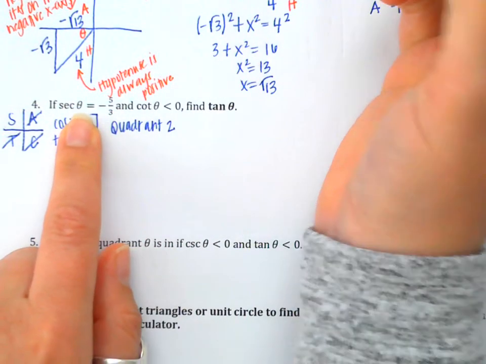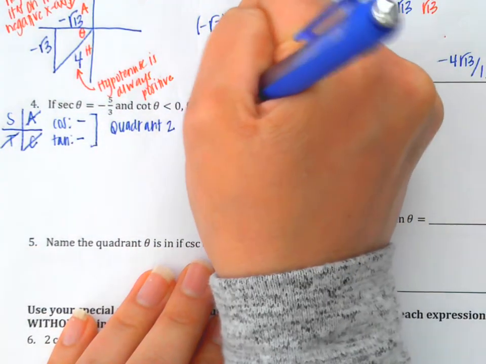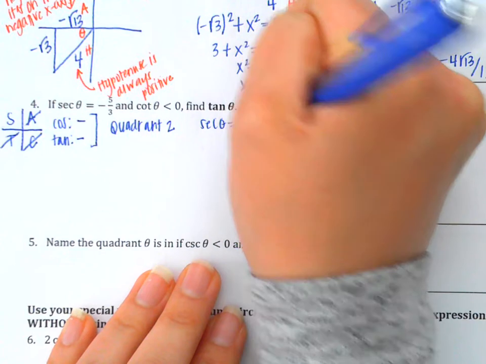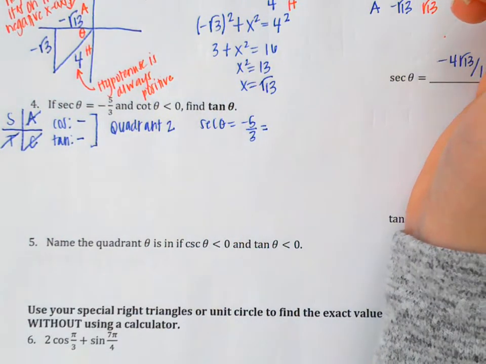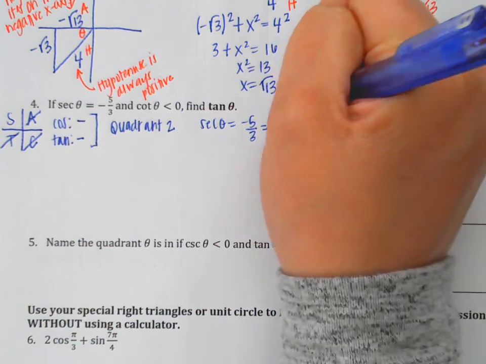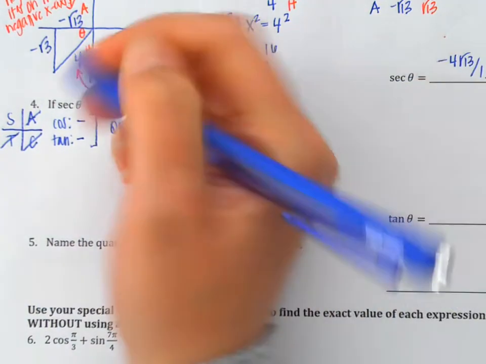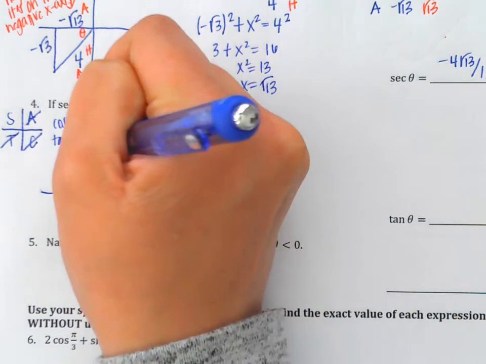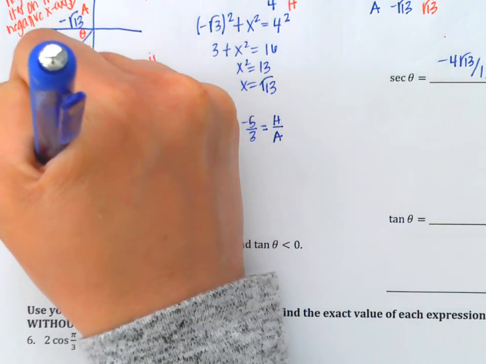And then it's giving us our side lengths. So it's telling us that secant theta is equal to negative 5 over 3, which secant is the reciprocal of cosine. So it's giving us the hypotenuse over the adjacent. So I'm going to use that information to draw my triangle in quadrant 2.